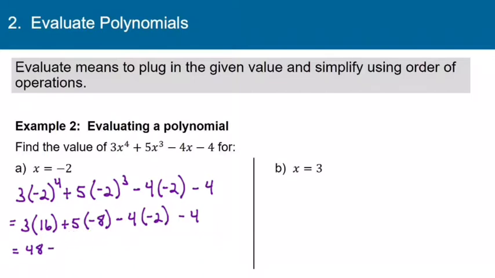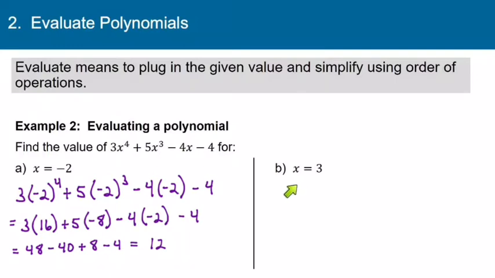So let's just write minus 40. Negative 4 times negative 2 is positive 8. And then we have our minus 4. Now we can just go through and add from left to right. 48 minus 40 is 8. 8 plus 8 is 16. And 16 minus 4 is 12.